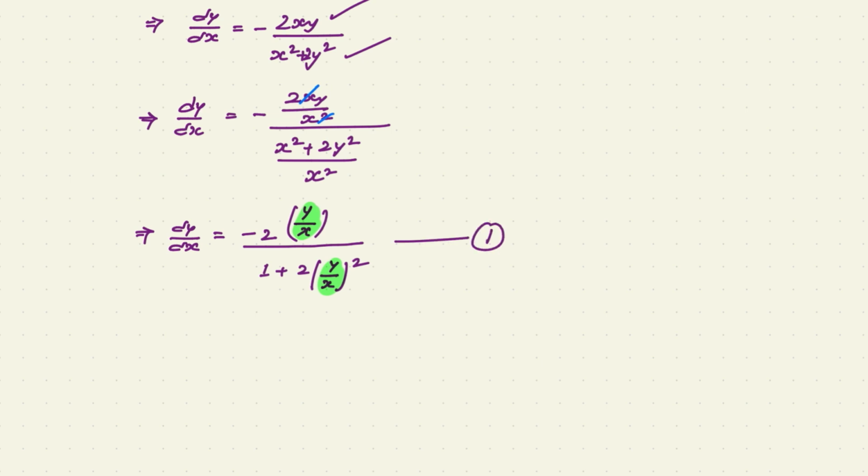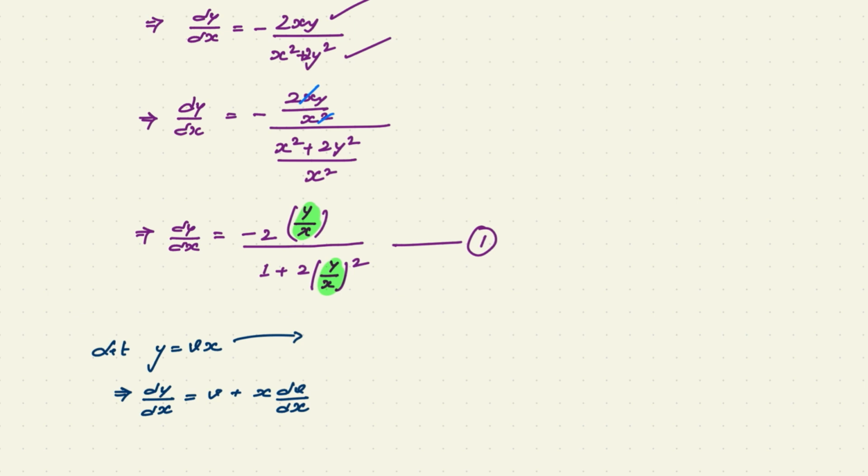And let this be equation 1. Now we have to solve this equation by assuming y equals v of x, and differentiating both sides with respect to x, we get dy over dx equals v plus x into dv over dx. See, the steps are same in each and every question. So from here we can write y over x as v.